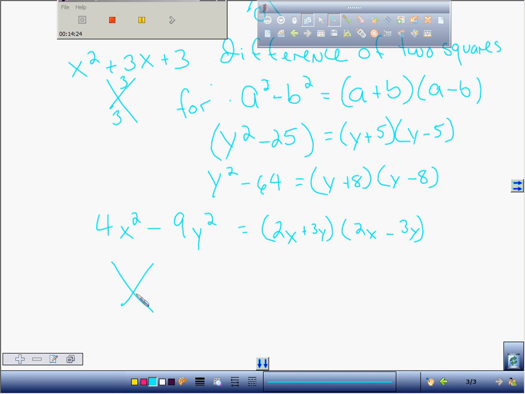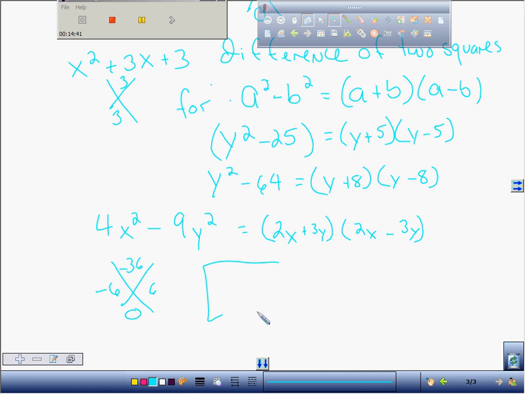Just to show you, if I were doing the cross and box method, I'd have to put a negative 36 here, and then I'd have to put a 0 down here, and then I'd have to say what two numbers multiply to negative 36 and add to 0, and it would be negative 6 and 6.